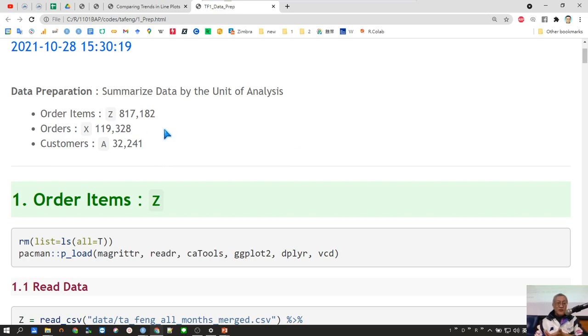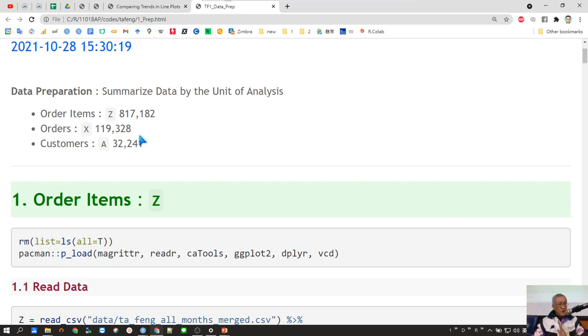As I told you, it is one record per barcode scan. But in every shopping cart there are a lot of items. So this is the item, this is the cart, and this is the customer. If you have history data, a customer comes to you many times.